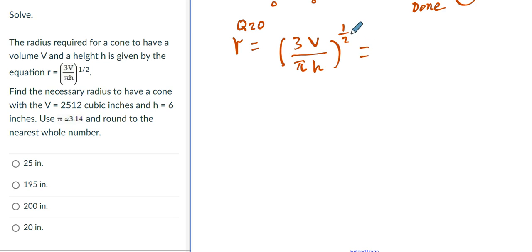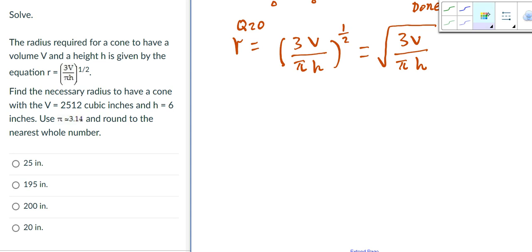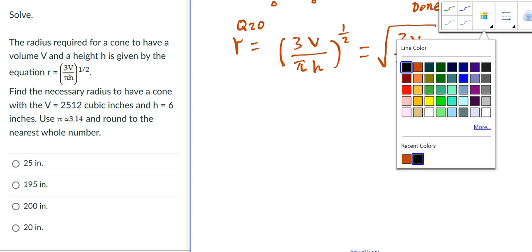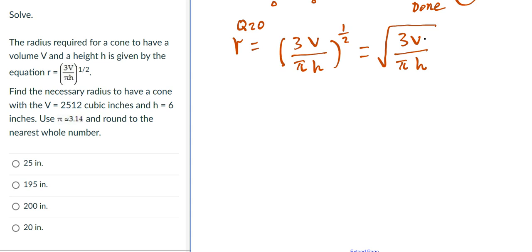You may change this 1/2 to a radical, and then 3v over pi h. Now, what do we have for v? V is given 2512. Pi, they said, is 3.14. And h is 6 inches.